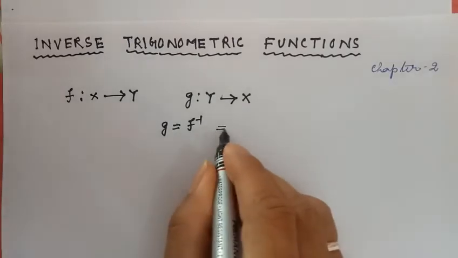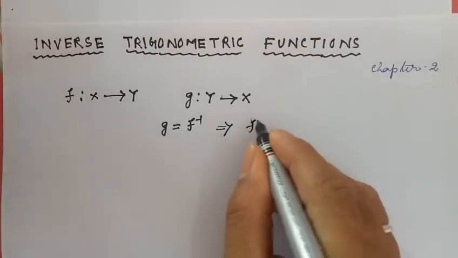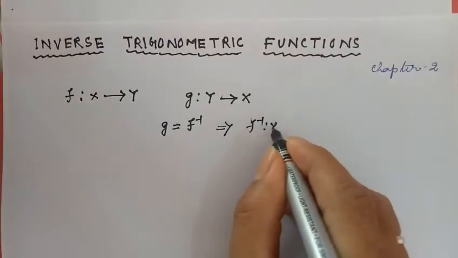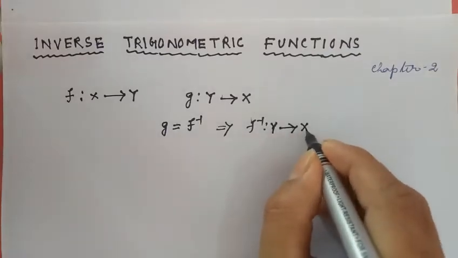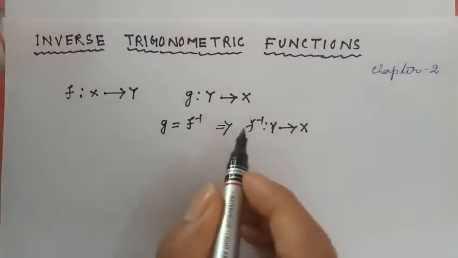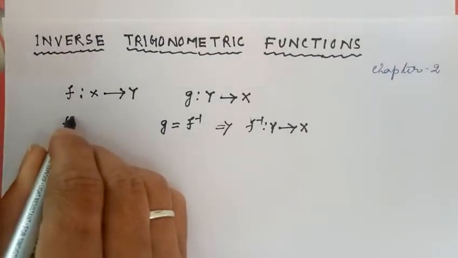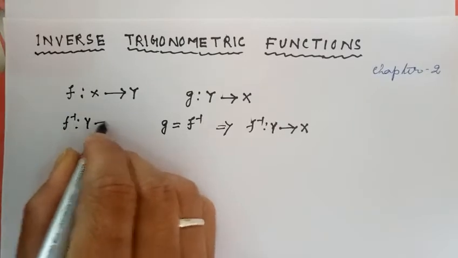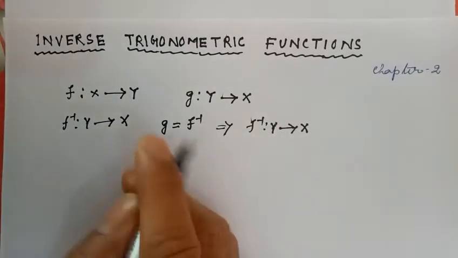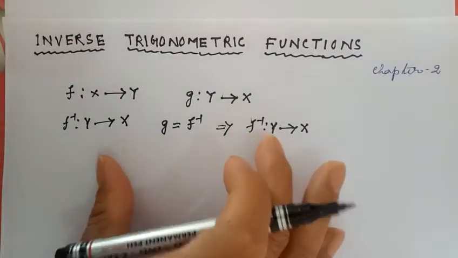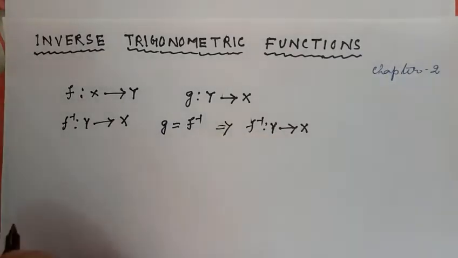So f inverse goes from y to x. So what you understand, we write the inverse like this, y to x. For having an inverse, we have to satisfy two conditions.